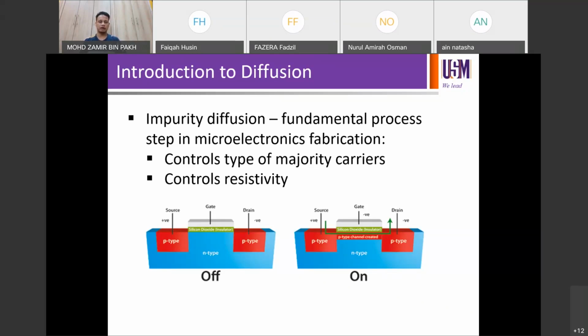As far as silicon is concerned, to make it more p-type, you need to incorporate group 3 dopants from the periodic table, or group 5 dopants in order to make it n-type, right? So the role here is to control the type of majority carriers.